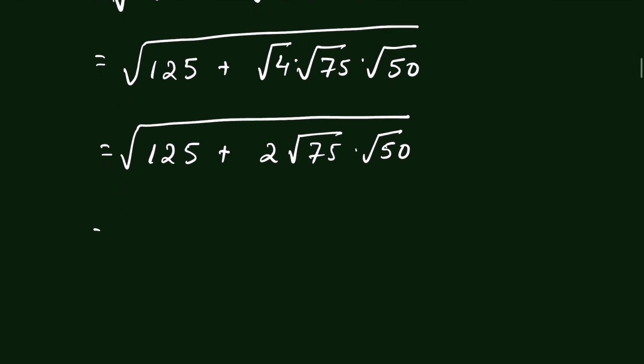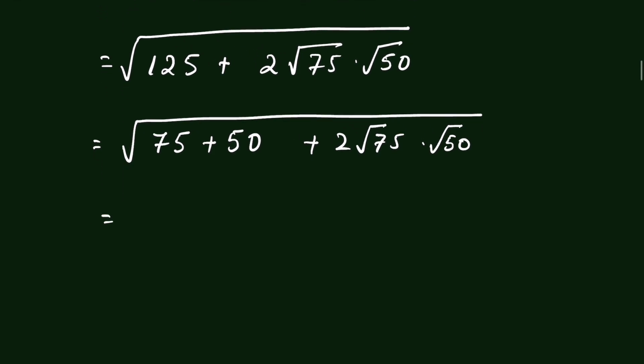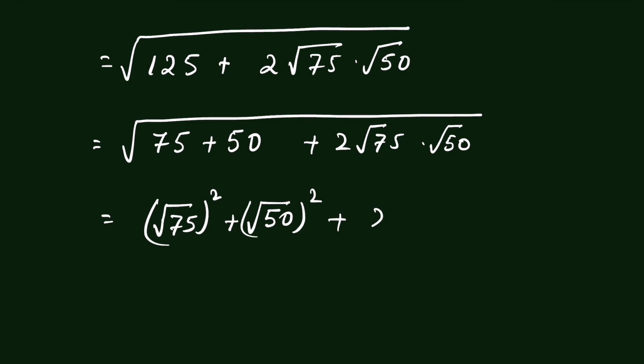Now 125 we can write it as 75 plus 50 plus 2 times square root of 75 times square root of 50 under square root. Again, 75 we can write it as square root of 75 square, because we can easily cancel the square root with the square, and it is equal to 75. And 50 as square root of 50 square plus 2 times square root of 75 times square root of 50 under square root.